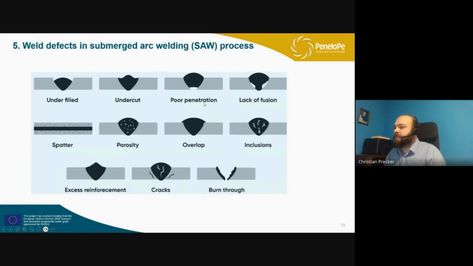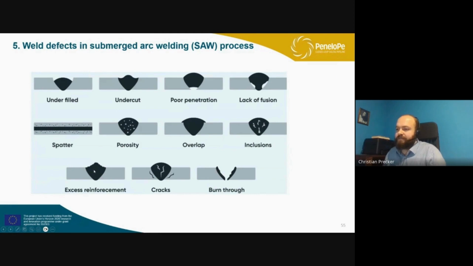And overlap, when you put more than what is expected. And inclusions, like for example, if you remember those solid parts that I showed you that remained from the flux, if you cannot remove them from the top of the weld, then when you pass the second layer of weld, it will have this flux trapped there, and this is called slag inclusions.